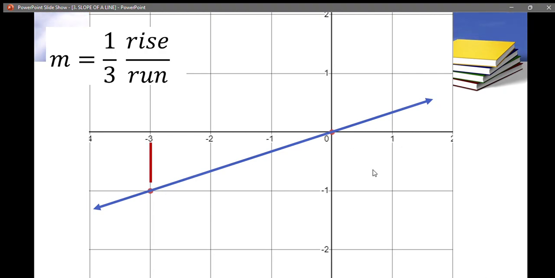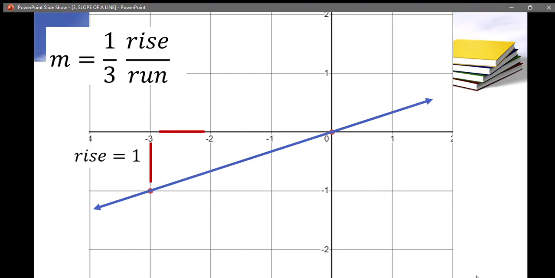Let us illustrate our rise from the first point. From negative 3 and negative 1, let us count 1 upward. That is 1 unit. Next, from where we stopped, let us count 3 units to the right since we have a run of positive 3. So 1, 2, and 3. We ended at the origin.